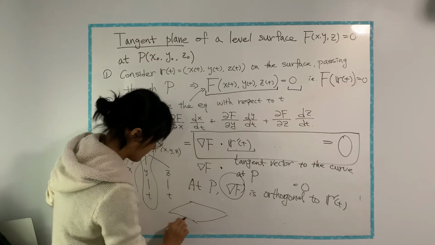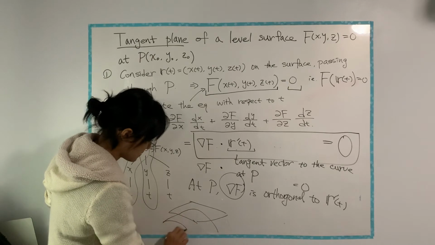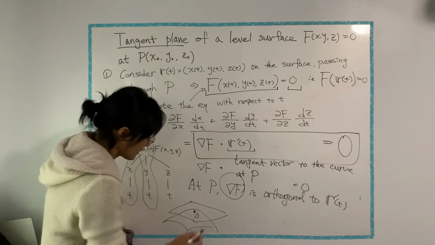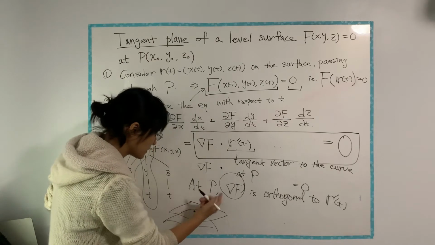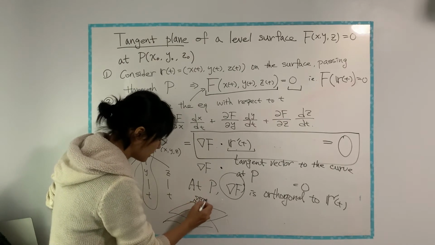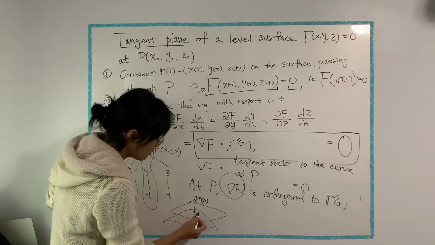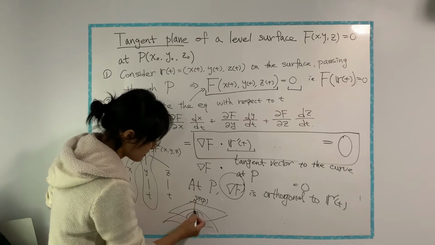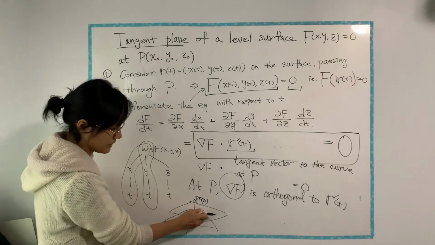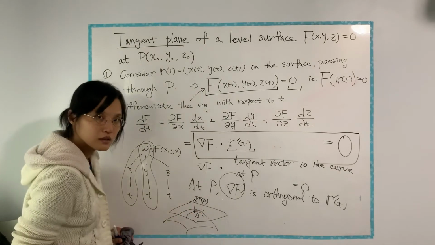Okay? So we have a surface down here like that, and then we have a point P here. And we find from the formula that gradient f at P will always be perpendicular to any tangent vector passing through P, right?